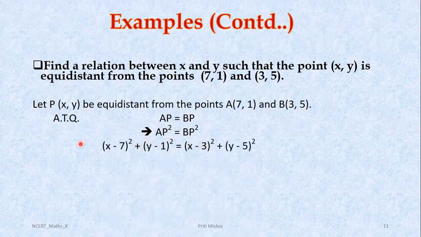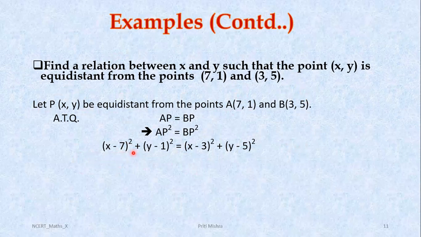So after applying the distance formula for AP and for BP, we have (x minus 7) whole square plus (y minus 1) whole square is equal to (x minus 3) whole square plus (y minus 5) whole square, right?